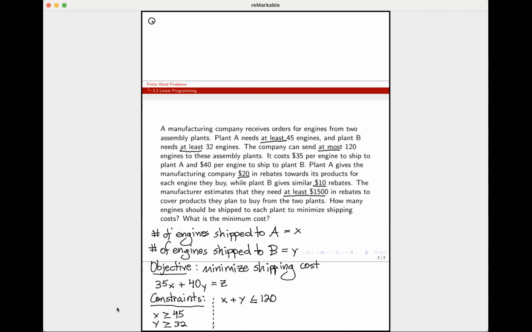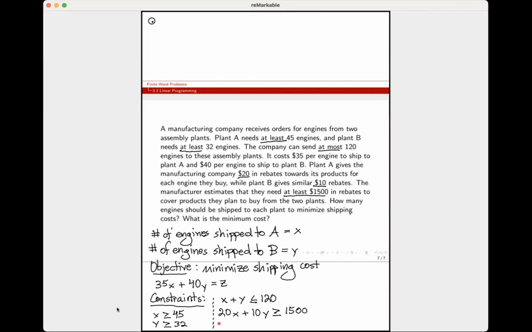So the number of rebates that plant A gives, which is $20 times the number of engines shipped to plant A, plus the number of rebates that plant B gives, that was $10 times the number of engines shipped to plant B. That needs to be at least $1,500. So it could be bigger than, it could be equal to, but it can't be less than $1,500. So that's our last constraint.